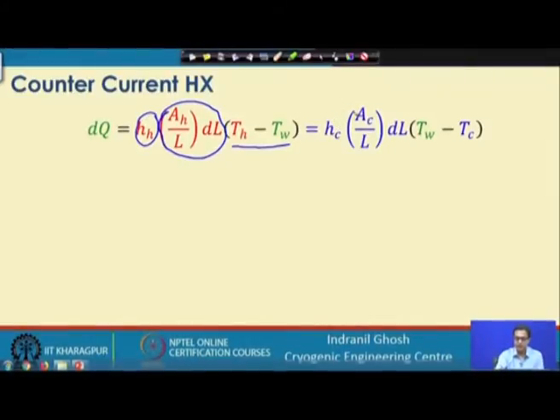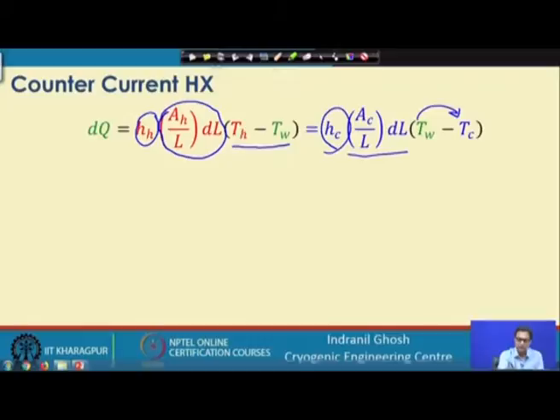Similarly, we can equate it to the heat received from the wall to the cold fluid and the related heat transfer surface area and the heat transfer coefficient corresponding to the cold fluid side.